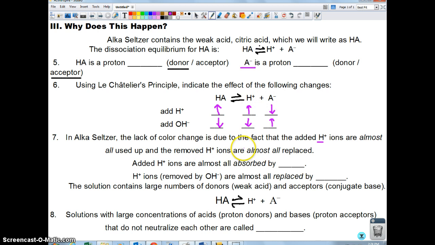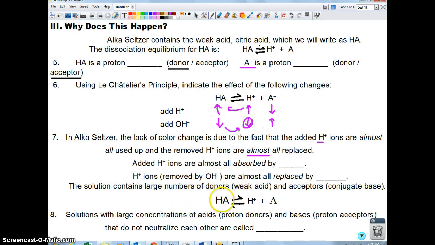If I added OH-, the H+ ions are being neutralized, but new ones are being replaced because as the reaction takes place, the HA will then shift to the right. As I remove H+, it's going to shift my reaction to the right, and as it shifts to the right, I'm going to make more of this stuff to replace what I removed. Same thing here. If I add more of this, it's going to shift to the left, and it's going to make more of that. These are going to go down.